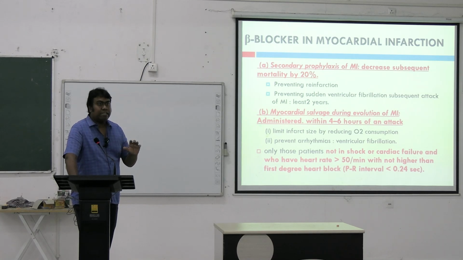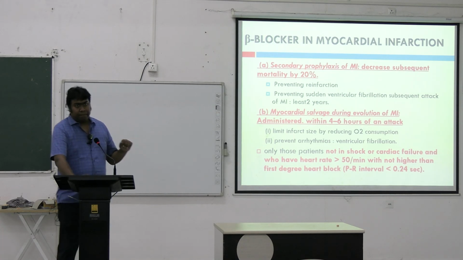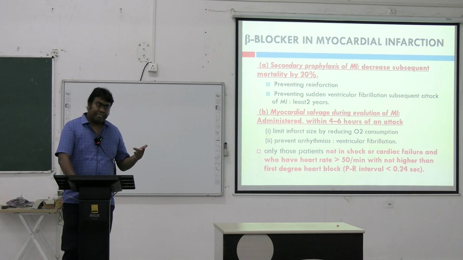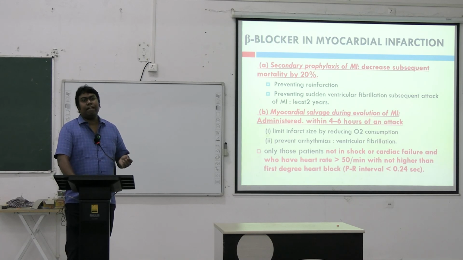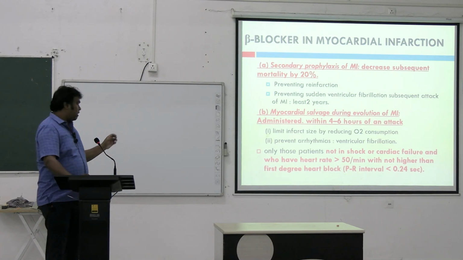There are few drugs that prevent myocardial remodeling. One is beta blocker, ACE inhibitor or ARB. ARB means angiotensin receptor blocker, and spironolactone or aldosterone group. ঠিক আছে? Remodeling prevention by beta blocker, ACE inhibitor, ARB, and aldosterone receptor antagonist.